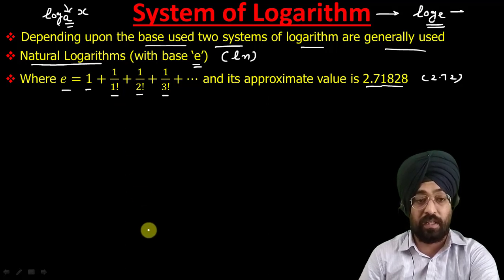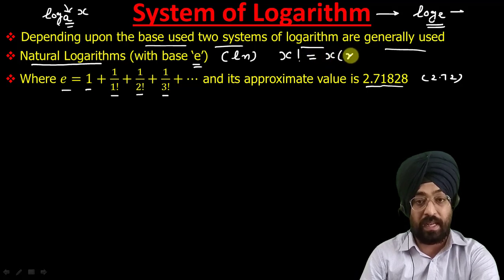So now let us learn the meaning of factorial. If x is any number, then x factorial means x multiplied by x minus 1 multiplied by x minus 2, and we keep doing this until we get 1.